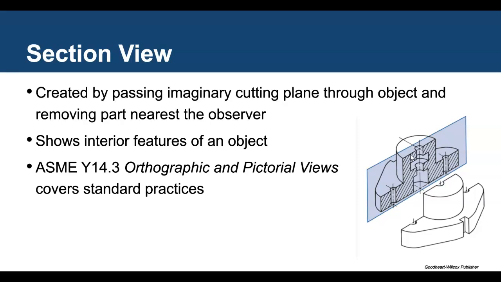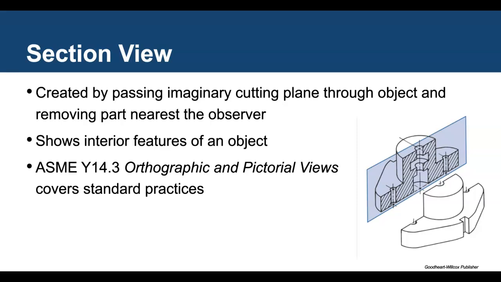All right, so the section view basically comes where we are cutting an imaginary plane through the object and removing part of that particular part from the drawing for the observer. It helps us to see interior features of an object, things that we might need to know and have a little bit more clarity on.